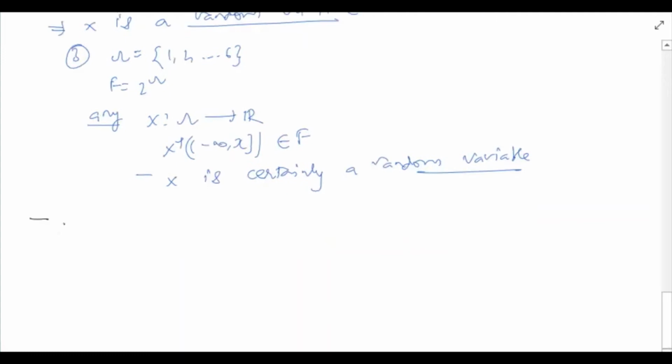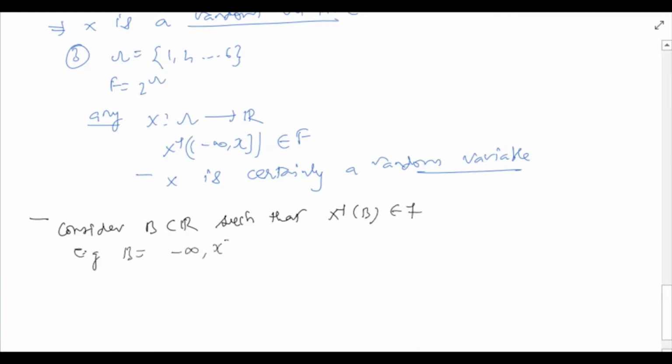Now consider any subset B of R such that its pre-image is an element of the event space. For example, B could be of the form (minus infinity, x], or B could be of the form (x1, x2].